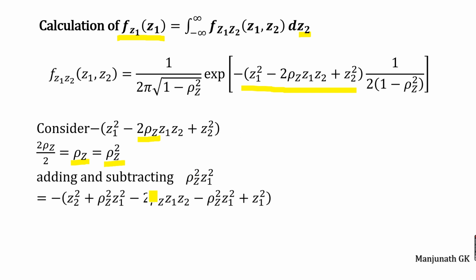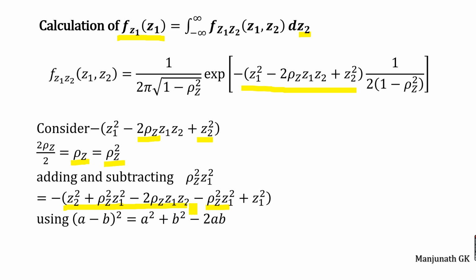Let us modify this equation: write this Z2 square first, adding and subtracting these two terms, and using the a minus b whole square formula here.